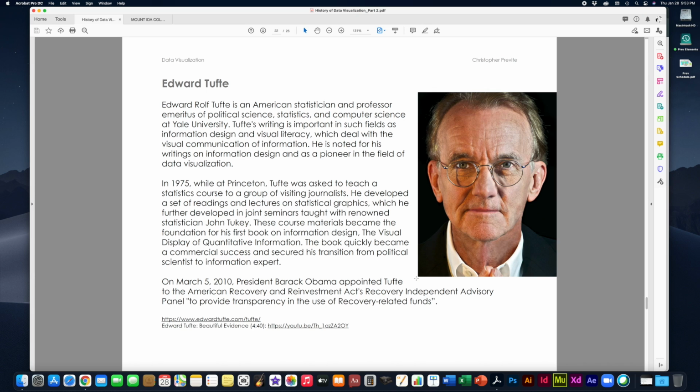And so that's where we are with the history. Now, he brings us up to modern times because, like I said, he's still alive. There are obviously modern practitioners of data visualization. There are people pushing forward the idea of interactive data visualization, and so the history of it is continuing to be written, but this brings us up to modern times.